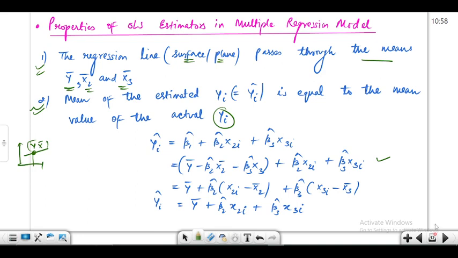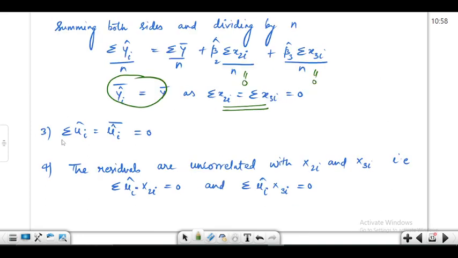Remember this property. Now the third property is a very simple property: the summation of ui hat, or the average of the error term, is equal to 0. The fourth property is that the residuals are uncorrelated with x2i and x3i.